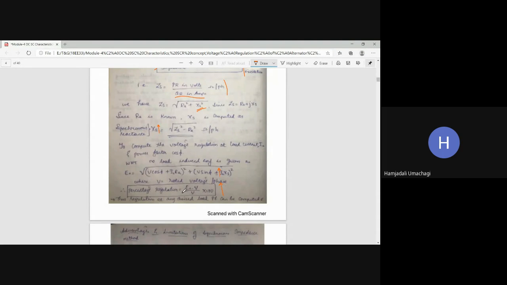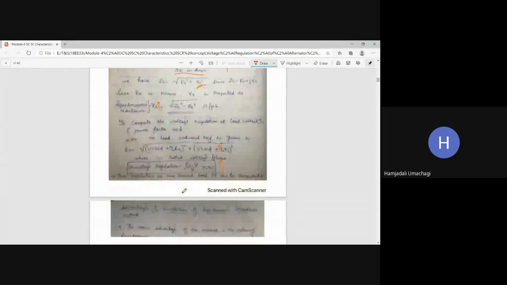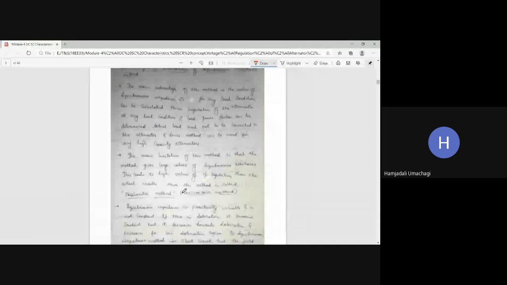Since we are getting a regulation value more than the actual value, suppose the actual value is 30%, then with the help of this EMF method you may get 60%, 70%, which is very, very high compared to the actual value. For that reason, this EMF method is called the pessimistic method. Is it clear why it is called the pessimistic method?